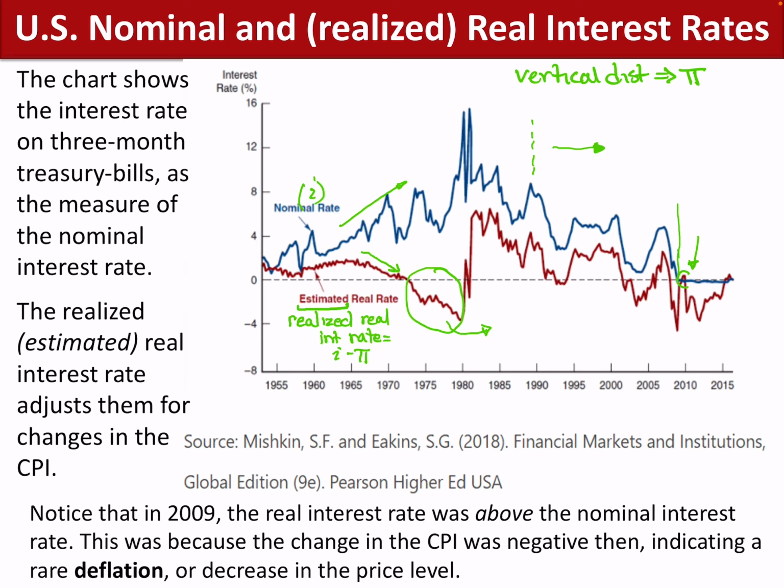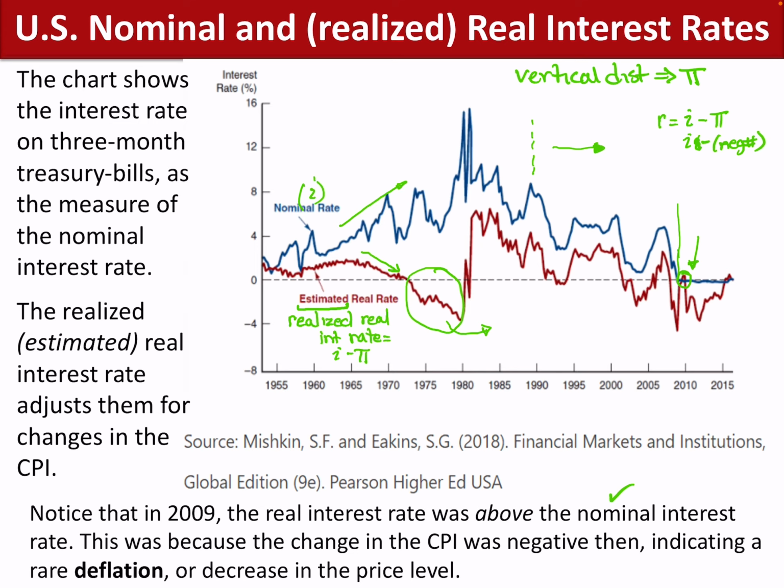And then we have a couple of interesting instances in which the real interest rate was above the nominal interest rate, and that's going to be a reflection, as I have right here, of the consumer price index being negative, right? So if it is the case that the real interest rate is the nominal interest rate minus the rate of inflation, whatever the nominal interest rate is, minus a minus number, right, is going to mean that we have a plus.